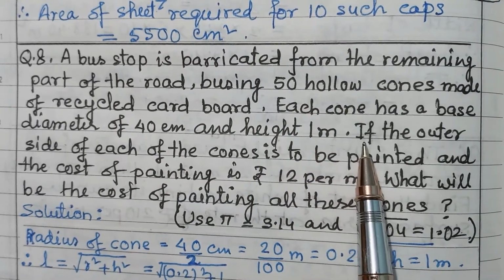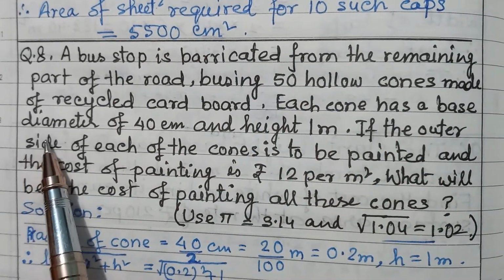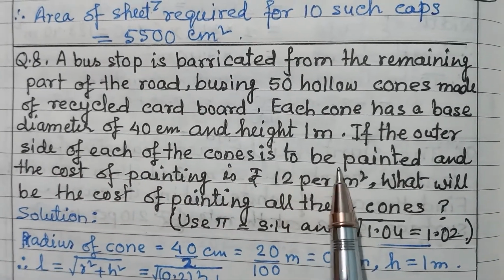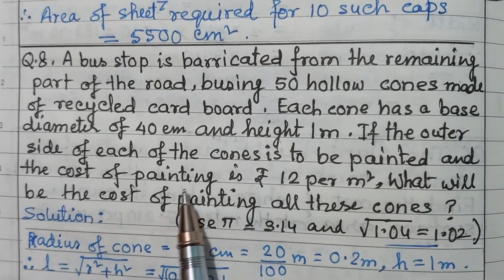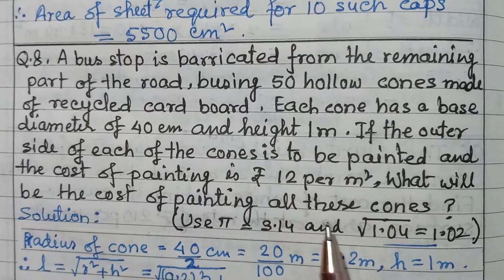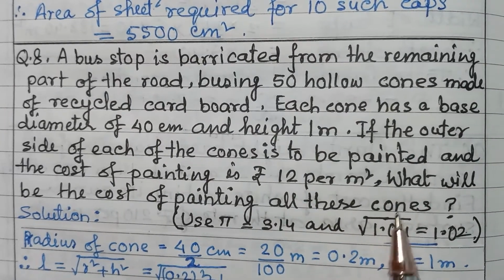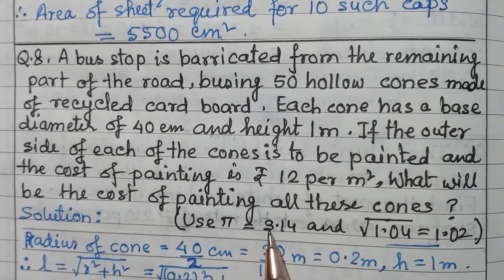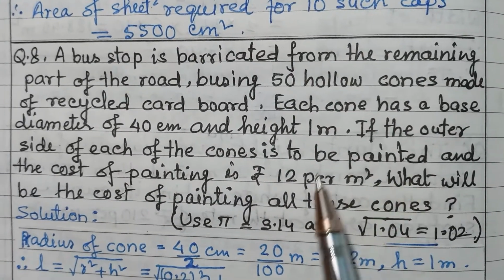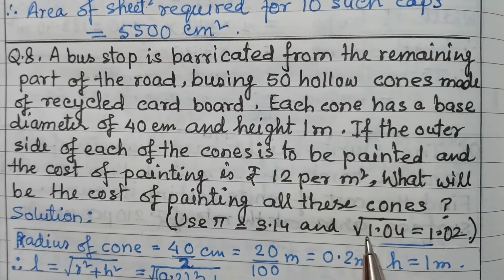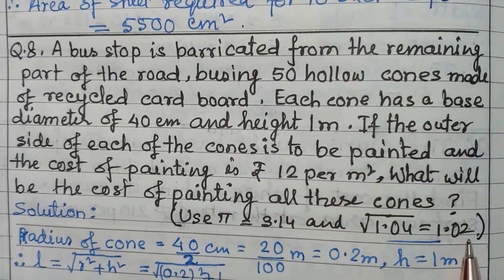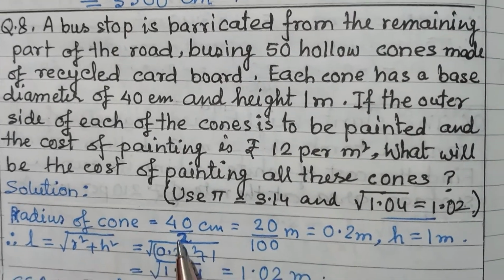If the outer side of each of the cones is to be painted and the cost of painting is rupees 12 per meter square, what will be the cost of painting all these cones? You have to use pi equal to 3.14 instead of 22 upon 7, and in calculation one term will come, that is root 1.04, which is equal to 1.02. That value is also given.